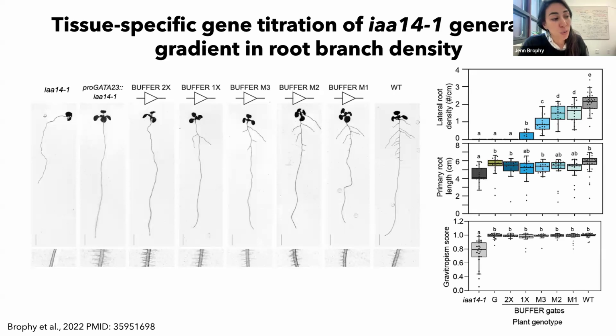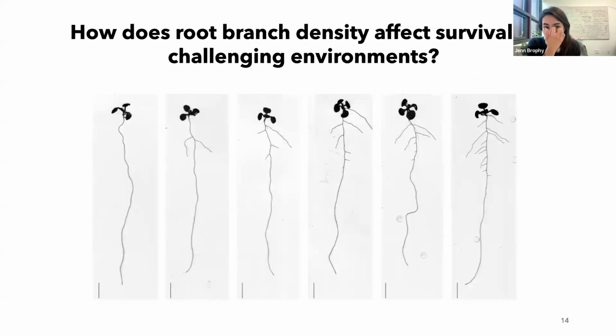Now, what we're doing now is taking these plants with a variation in branch density and trying to understand how root branch density affects things like survival in a challenging environment. Once we demonstrated that we could control aspects of root architecture, a question became, what root architecture do you make?